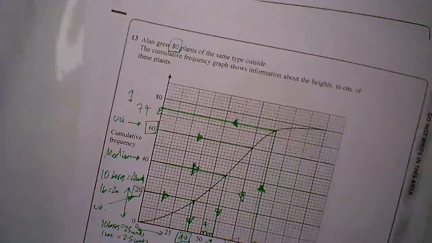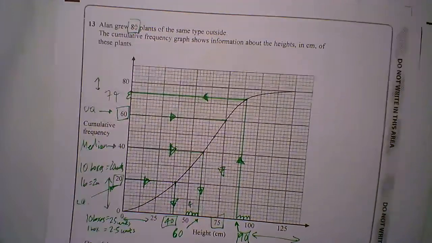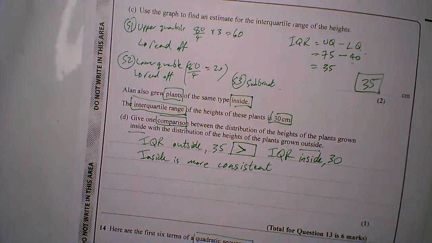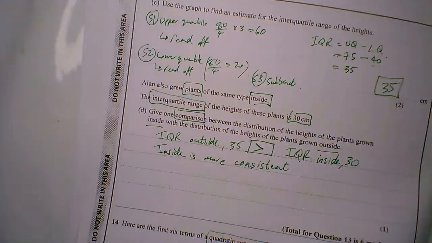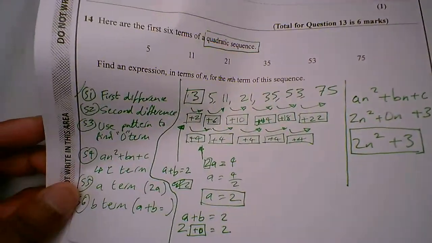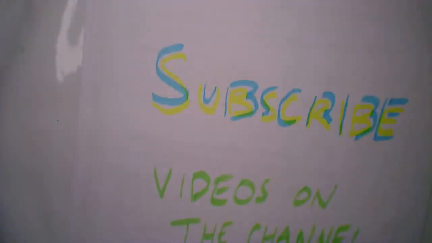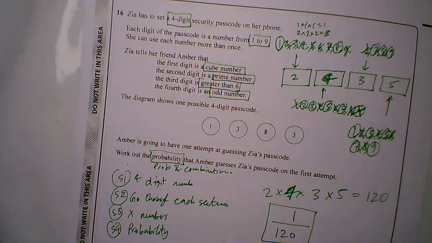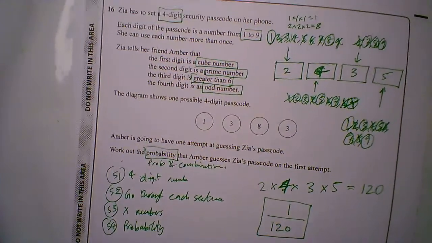Cumulative frequency, 99% sure, paper 2 or paper 3. I did mention that before. Quadratic sequence, question 14, we've done, 50-50 chance appearing in our paper. Question 16 is combination, so we went through that.